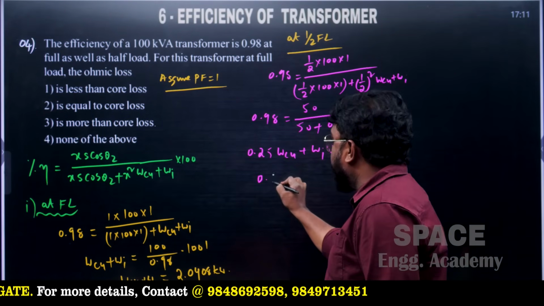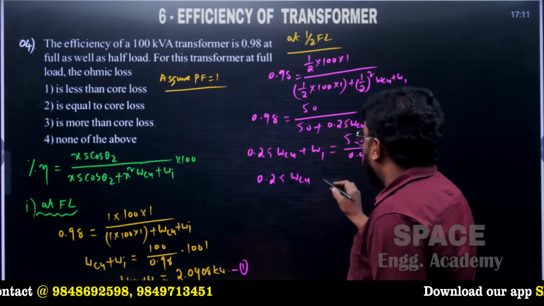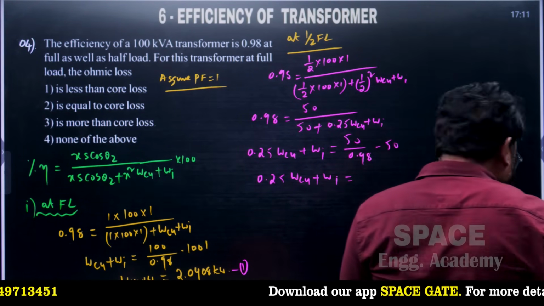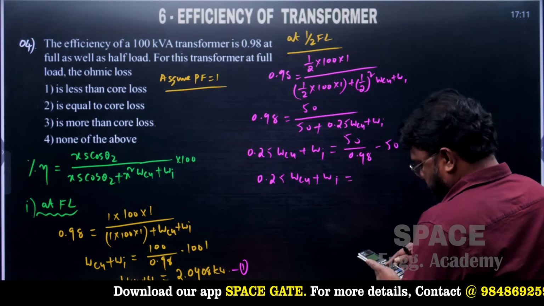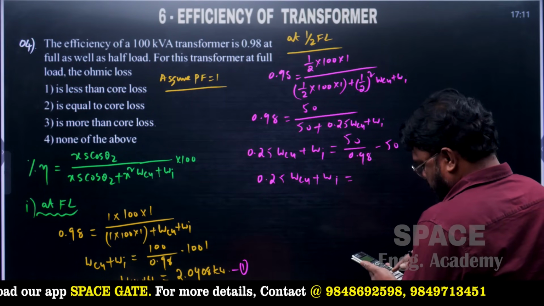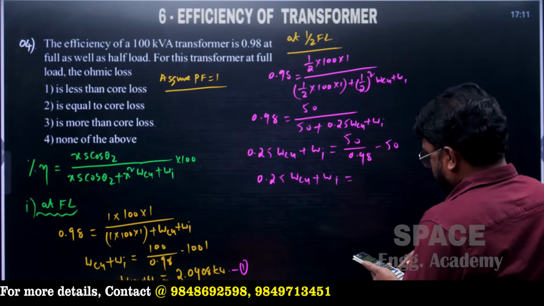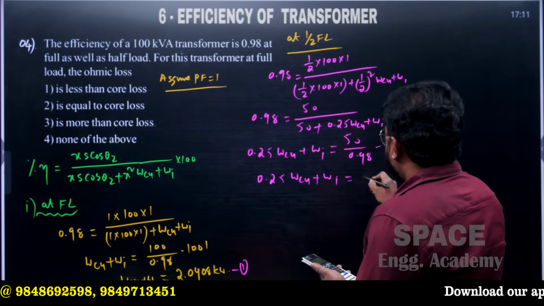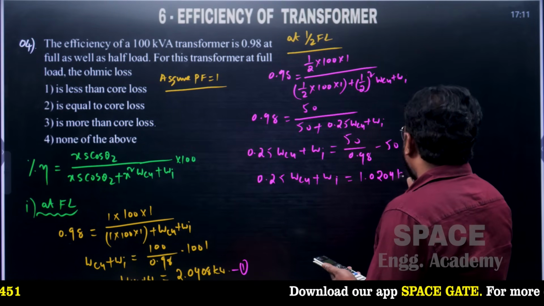So by solving here, we will get the equation. This is equation number 1. Copper losses plus iron losses equal to 1.0204 kilowatts.